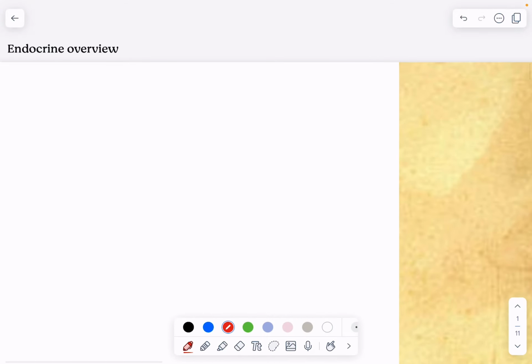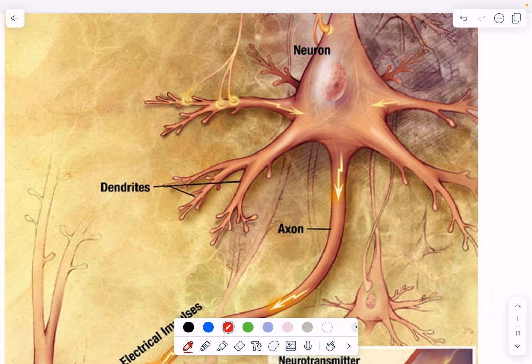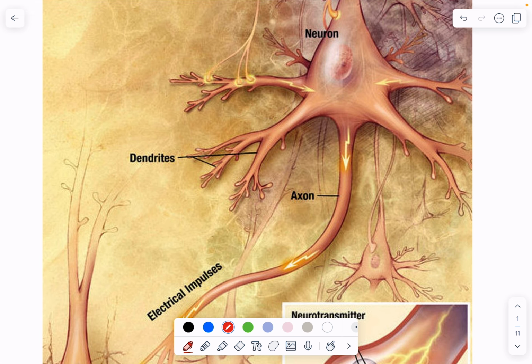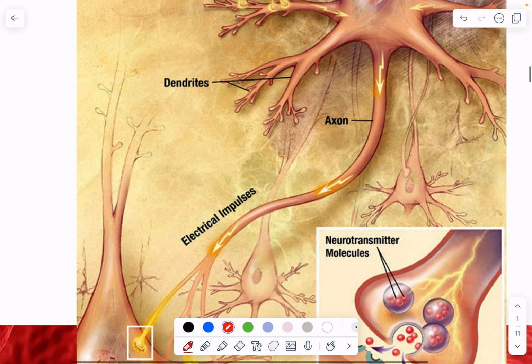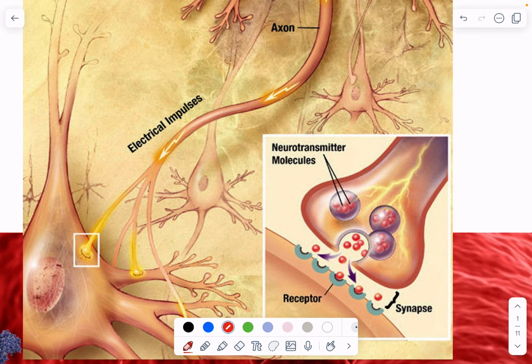So in this video I'll be explaining an overview of the endocrine system and how to diagnose endocrine diseases. So let's get started. Number one, I want you to take a look at the difference between the nervous system, which allows actions to happen within minutes or even within seconds, and that requires neurons and neurotransmitters.